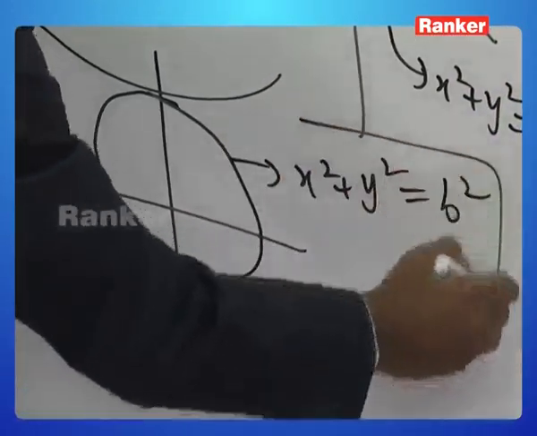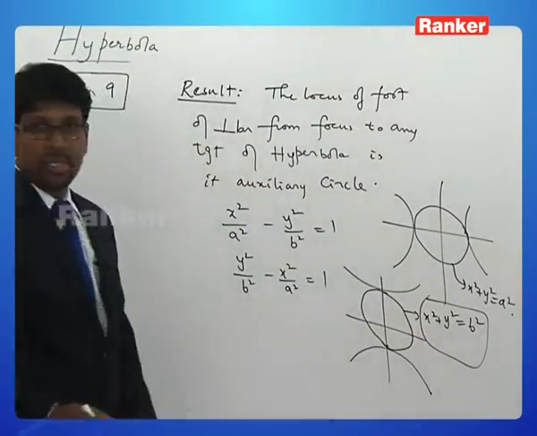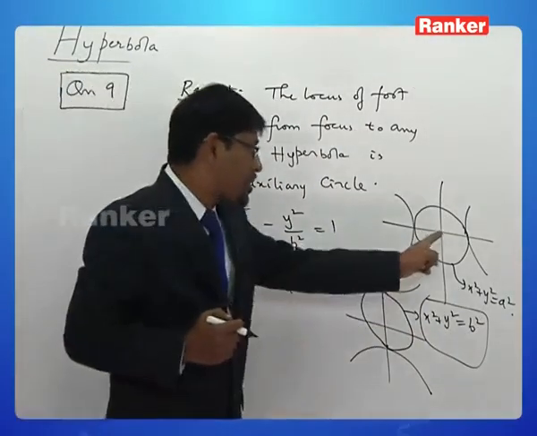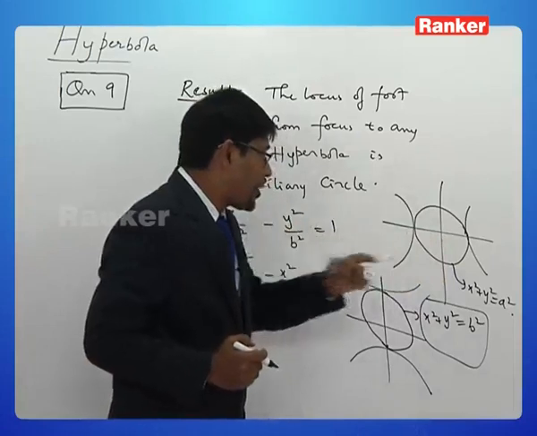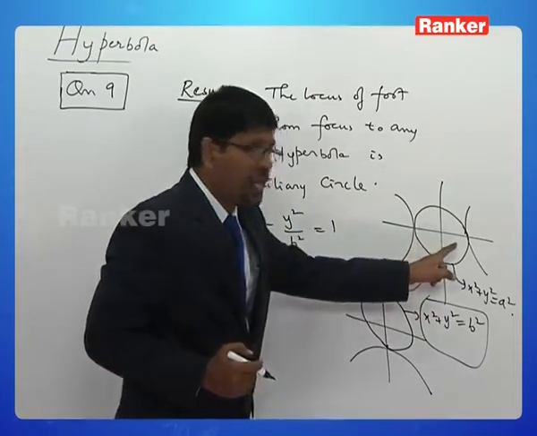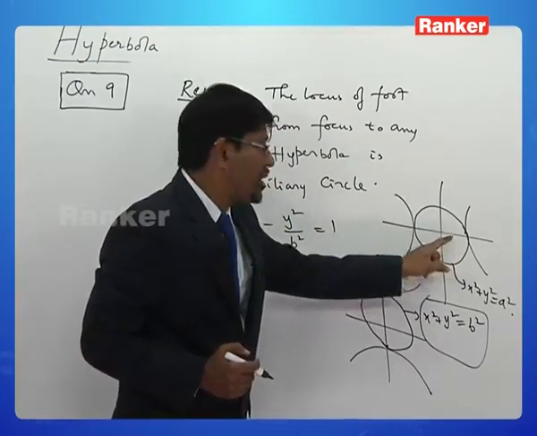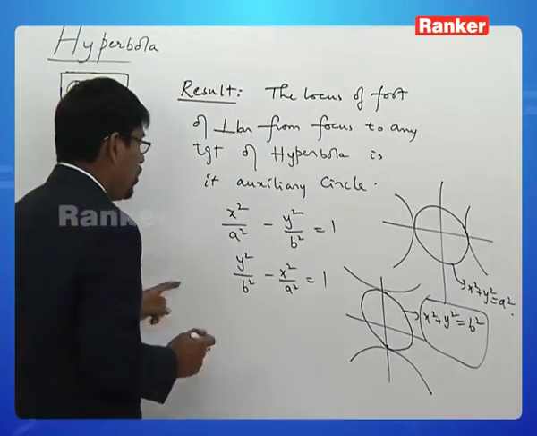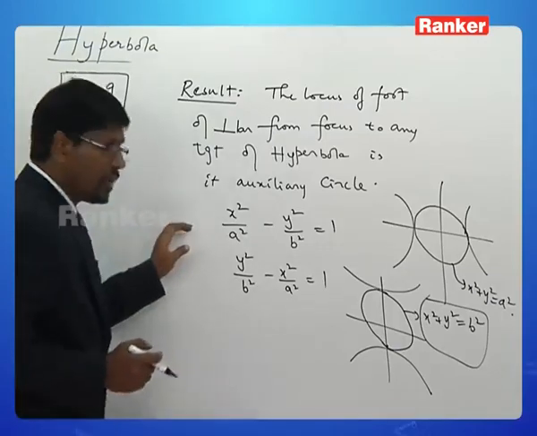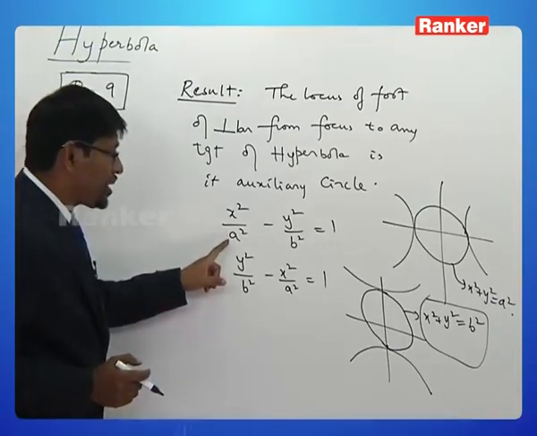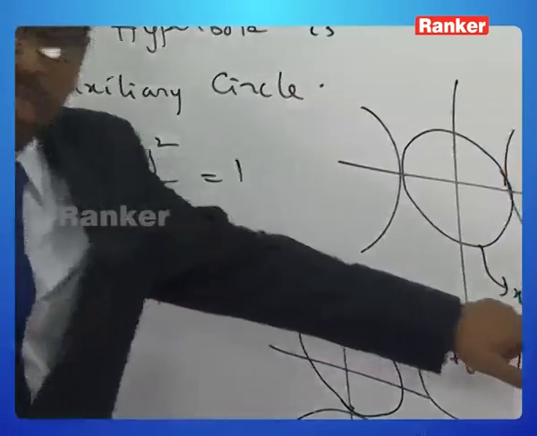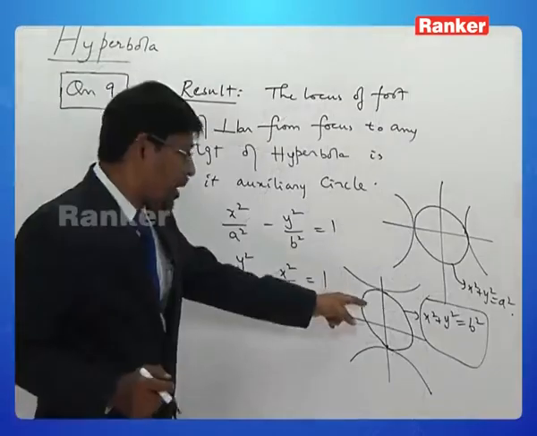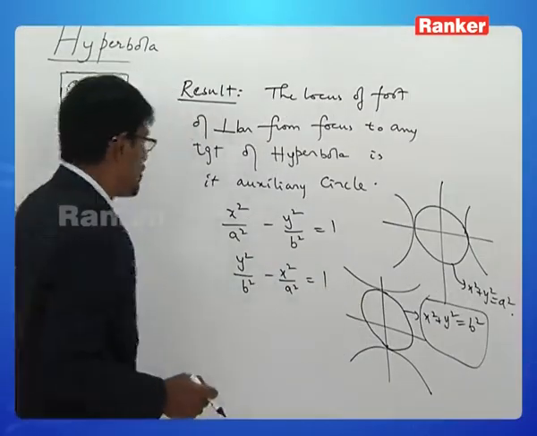The auxiliary circle and the hyperbola have the same center, and the semi-transverse axis will be the radius of that auxiliary circle. In the first case the semi-transverse axis is a, therefore the radius was a. In this case it is b, therefore the radius will be b.